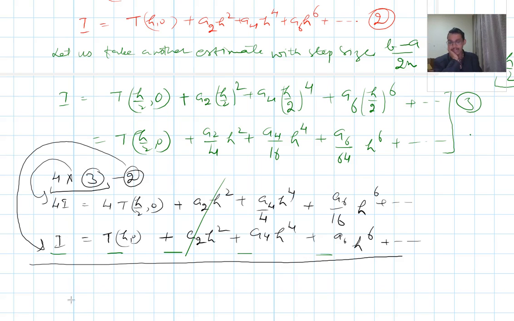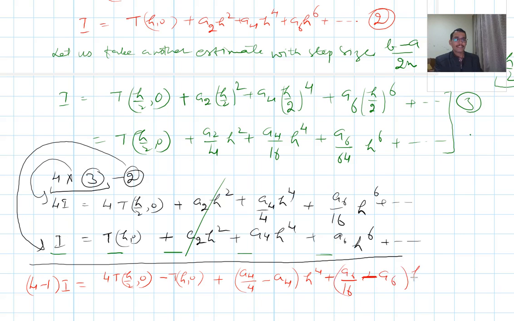So now I can write it as (4 minus 1) I is equal to 4 T_{h/2,0} minus T_{h,0} plus (a4 by 4 minus a4) h raised to power 4 plus (a6 over 16 minus a6) h raised to power 6 and so on.